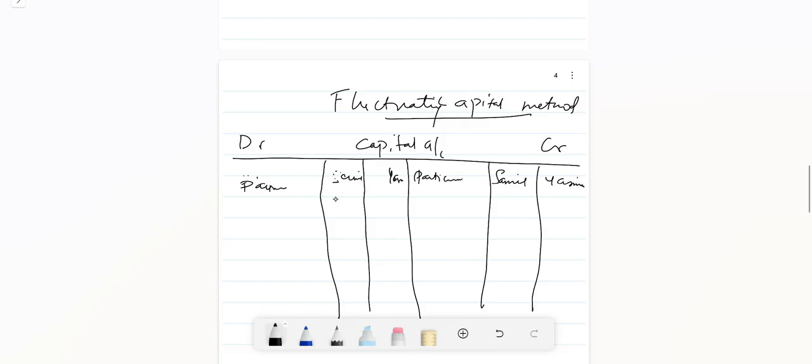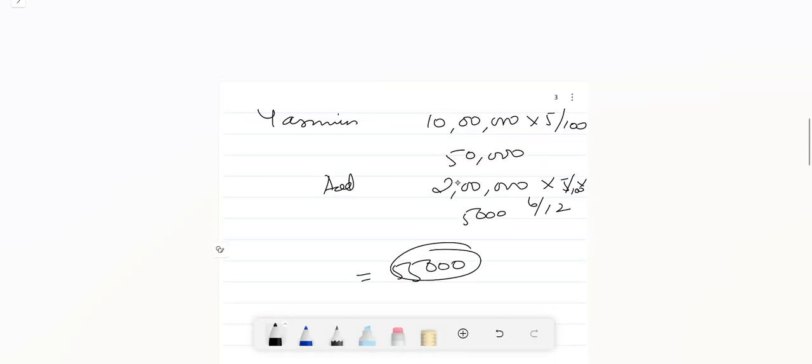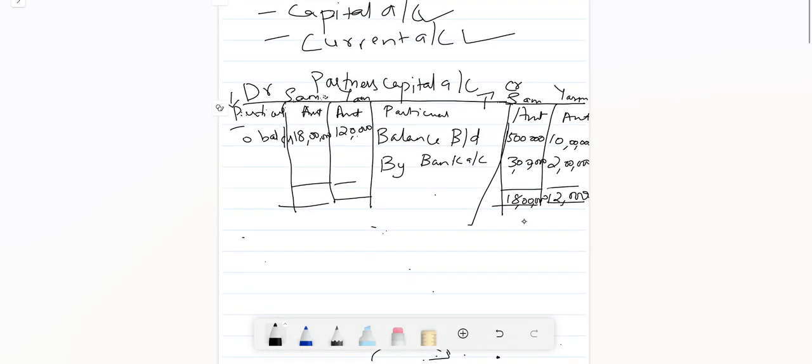All the adjustments relating to the capital account, relating to the partners, will be done in the capital account itself. By balance, we will see from here only how much is the balance. 15 lakh and 10 lakh.